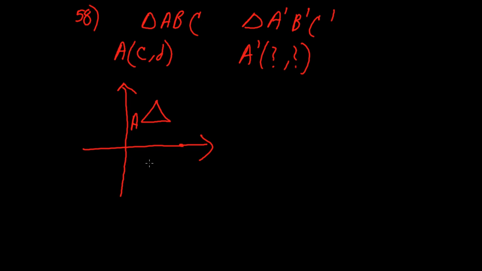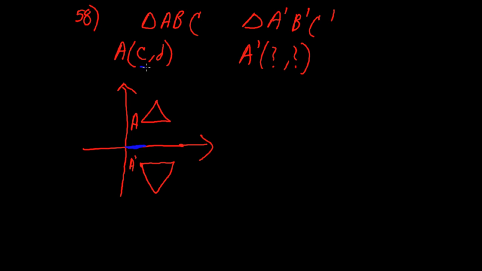A is point CD. So if we flip it across the x-axis, it'll look like this, and this will be point A prime. So the only thing we changed is, point A still goes this far over on the x-axis, right? Still goes this far over on the x-axis.